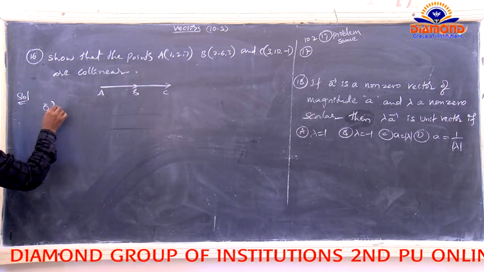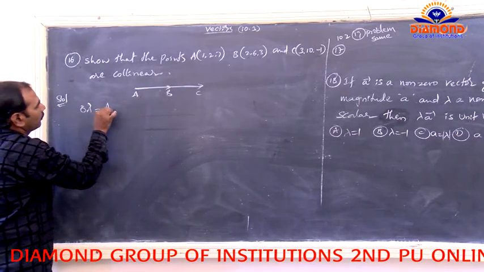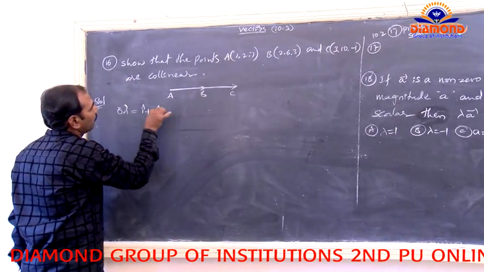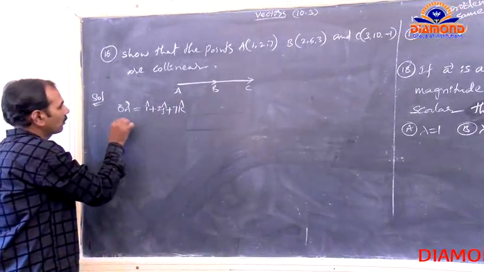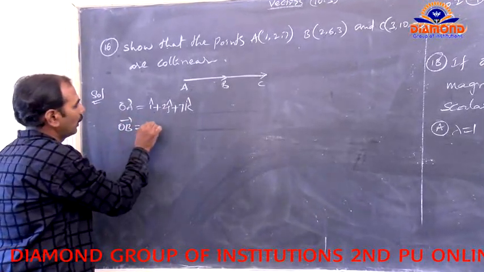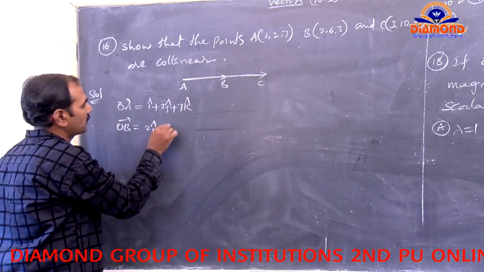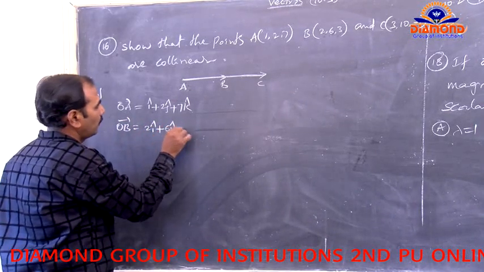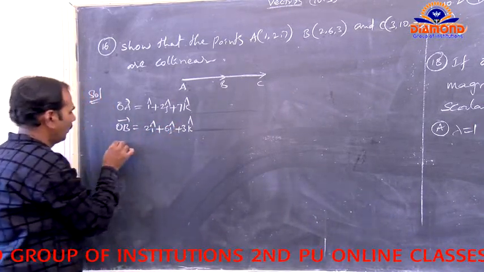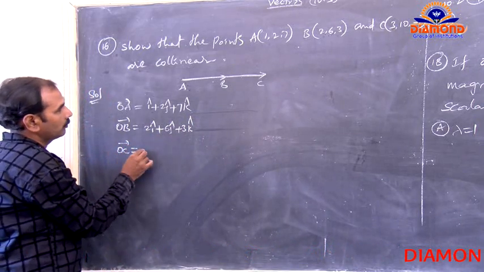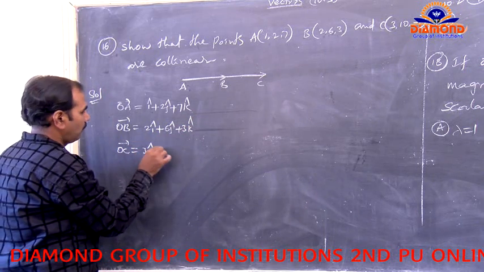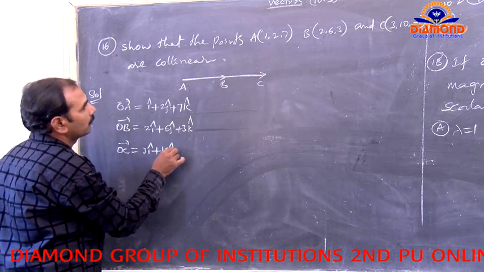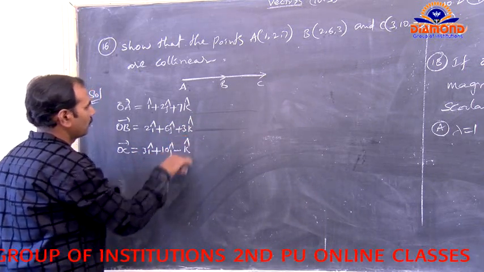OA bar equal to I cap plus 2j cap plus 7k cap. OB bar equal to 2I cap plus 6j cap plus 3k cap. OC bar equal to 3I cap plus 10j cap minus k cap.